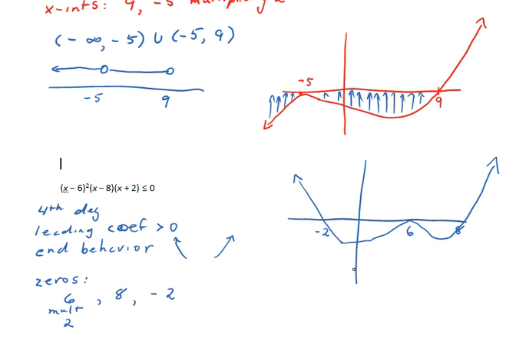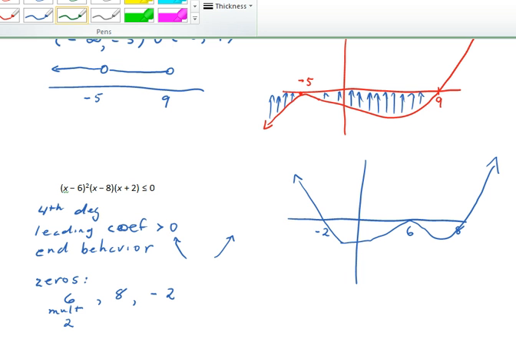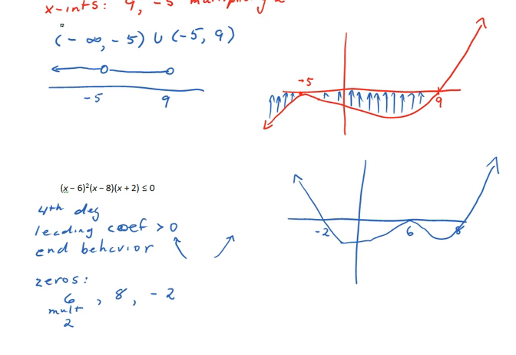All right, and so this time we are looking for where is the function less than or equal to 0. So we want to know where is the graph on or below. The solution is going to be somewhat similar to the previous one.